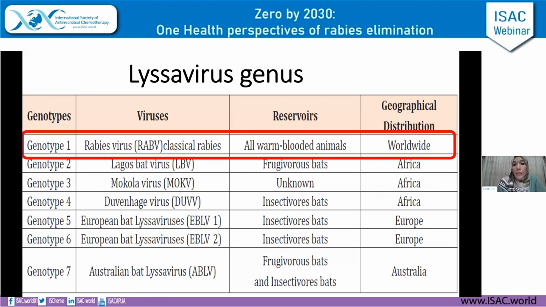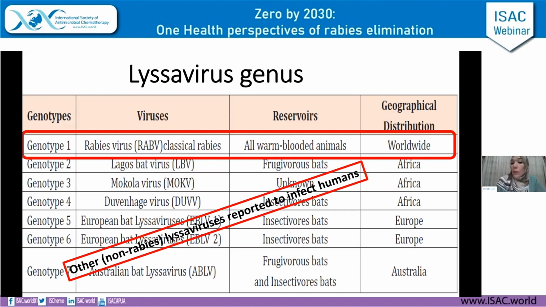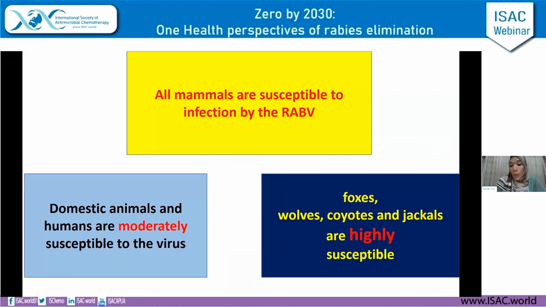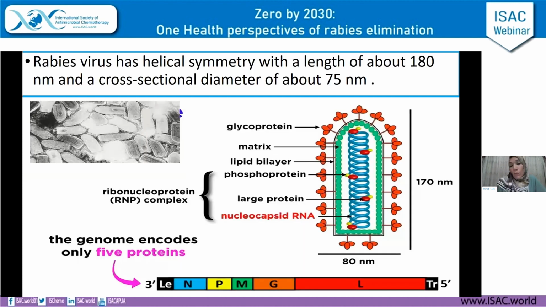Genotype 1 is the classical rabies. Other genotypes of the Lyssavirus genus can also infect humans. Professor Scott will go through the reservoir and vector. Just a hint, all mammals are susceptible to infection by rabies, with different susceptibility.